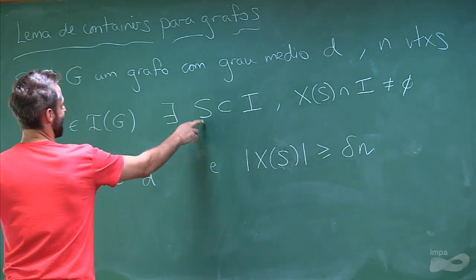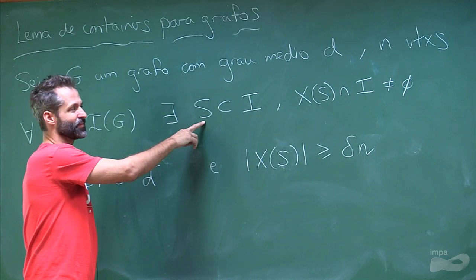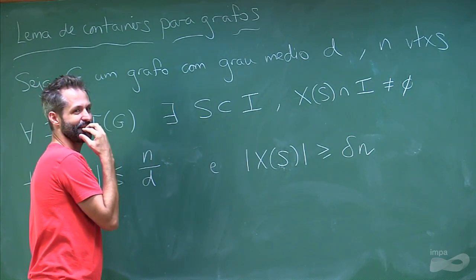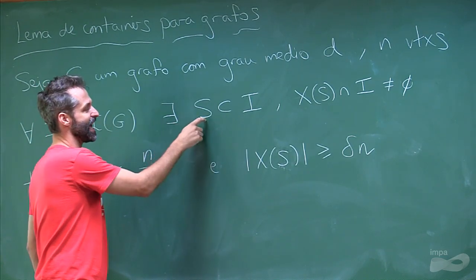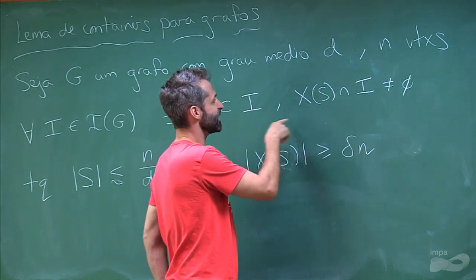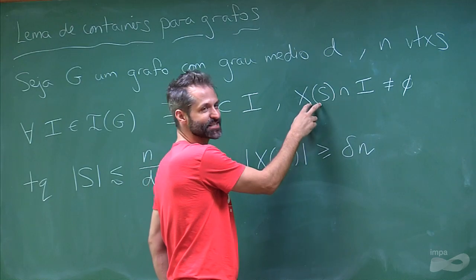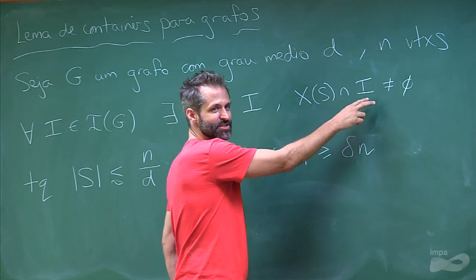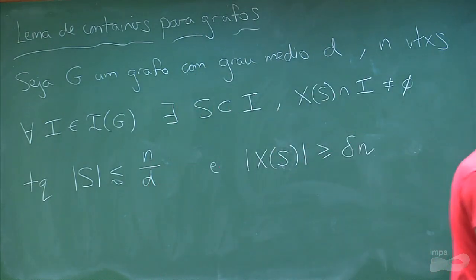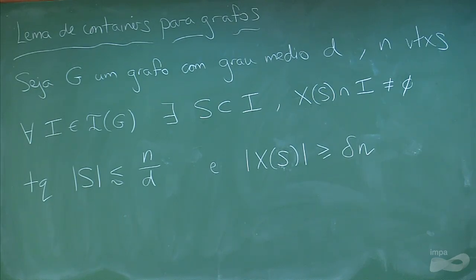We have to construct S, so we want to construct S and X of S at the same time so that this holds. So it's a bit subtle. Maybe I'll come over here to do this.